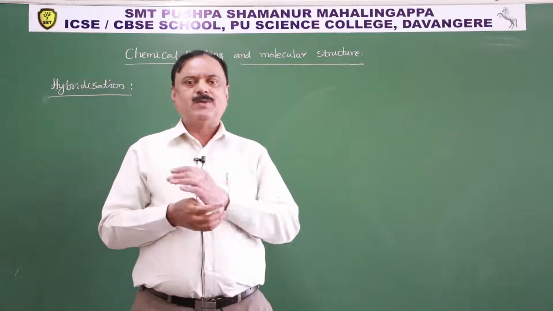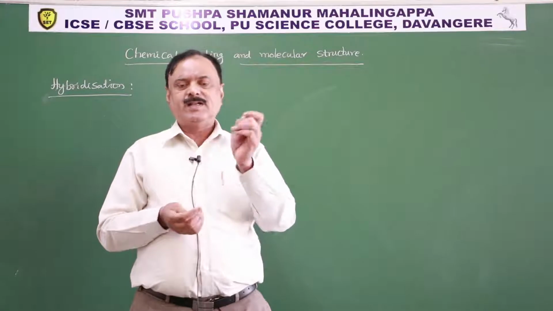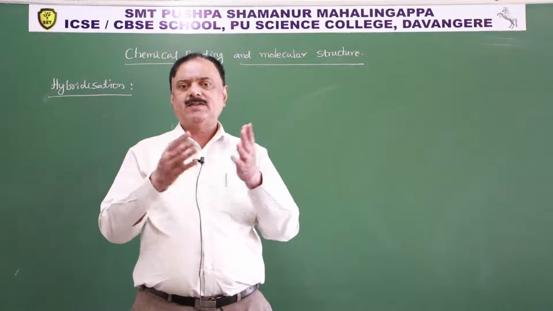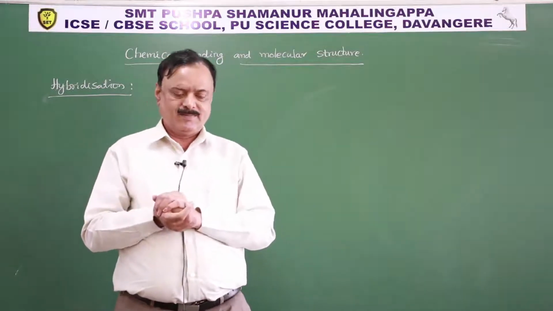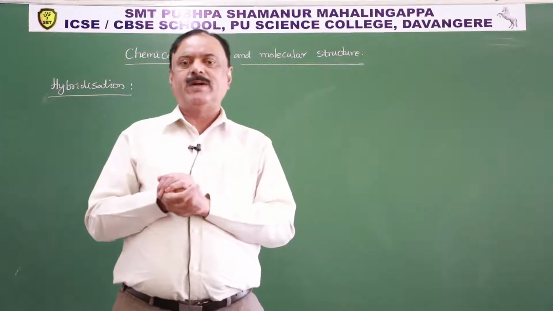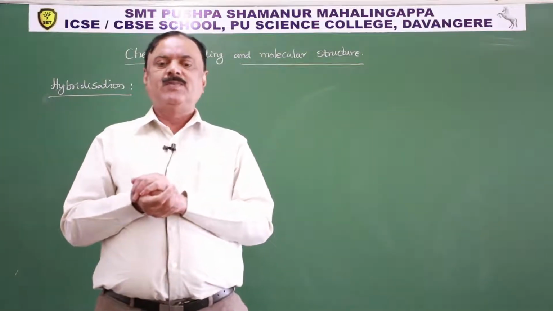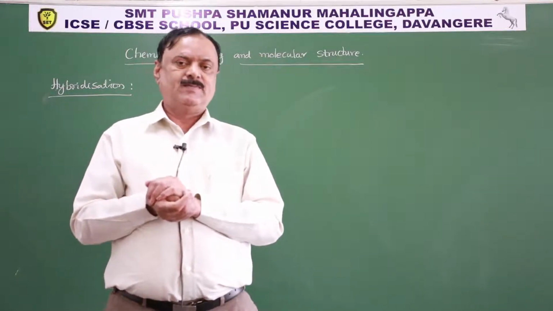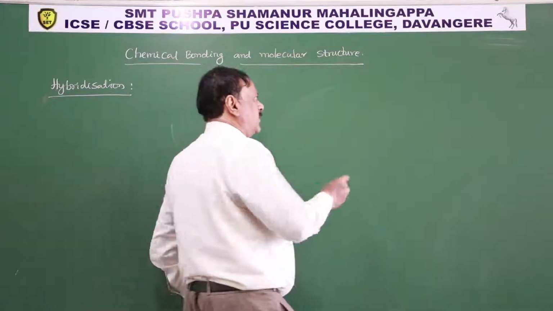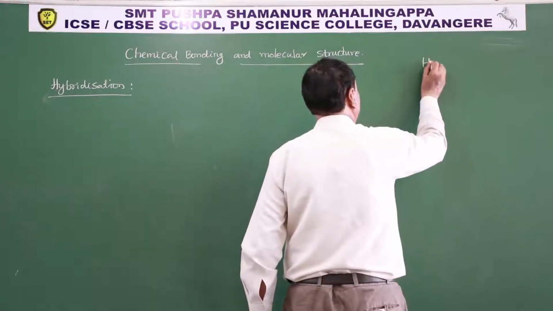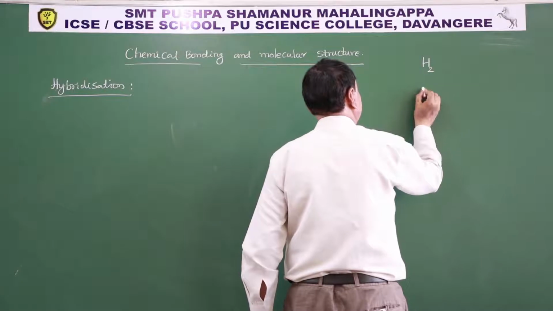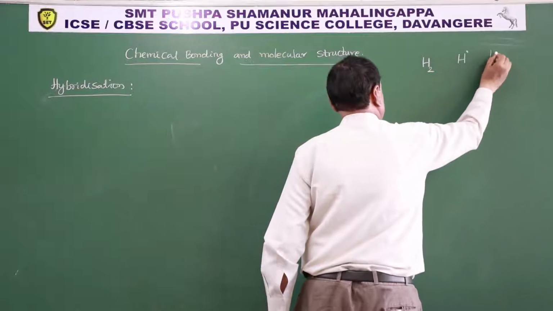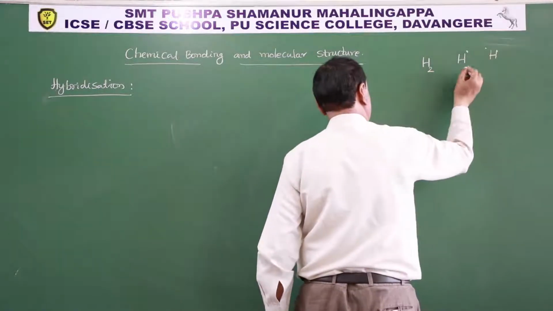Now during the formation of the covalent chemical bond, the electrons from different atomic orbitals are shared, whether S and S atomic orbitals, or P and P atomic orbitals, in particular Px, Py, or Pz atomic orbitals. For example, in the hydrogen molecule formation, one hydrogen has one electron and the neighboring hydrogen has one electron.